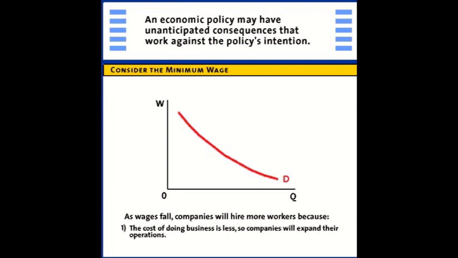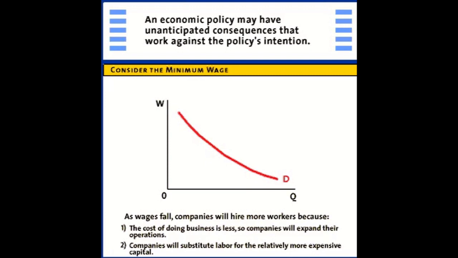That is, when labor gets less expensive, employers are inclined to use more labor and less capital to produce a given quantity of output. So lower wages result in a substitution in the direction of labor, the input that is declining in relative price. So for two reasons, the cost of doing business is lower and labor is now relatively less expensive, leading to an increased quantity of labor demanded as the hourly wage falls.